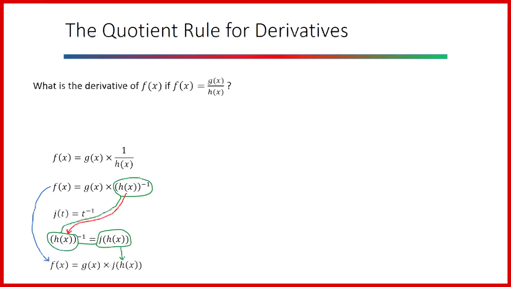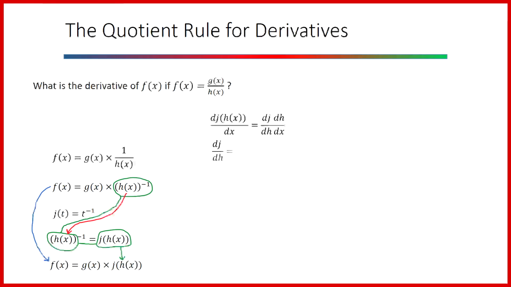All right, now let's calculate the derivative of j(h(x)). We know from our chain rule that it has to be equal to the derivative of j with respect to h multiplied by the derivative of h with respect to x. And since j(t) equals t to the negative 1, we know that j(h) equals h to the negative 1. So we can use our derivative of polynomials rule, which tells us that the derivative is equal to the exponent times the variable raised to 1 less than the previous exponent.